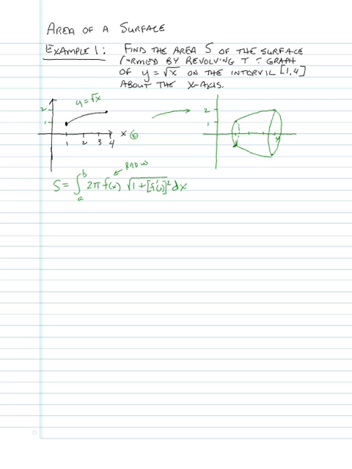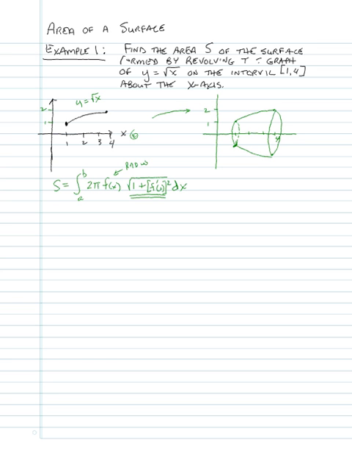So we have to kind of remember this part because it's not so clear to us where that comes from, but that is basically the measurement of the length of the side of the frustum.